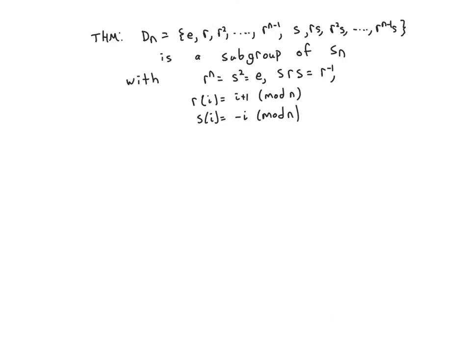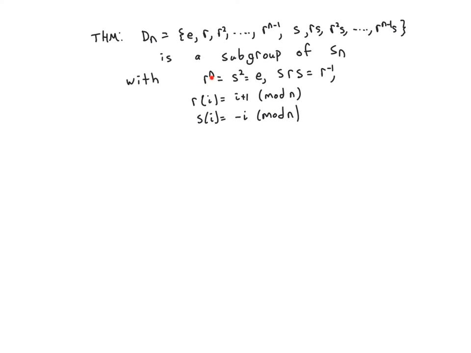So in conclusion, if you let R be the permutation of the numbers 0 through n minus 1, given by sending i to i plus 1, and you let S be the permutation that sends i to its negative mod n, then this group, consisting of these 2n elements, is a subgroup of the symmetric group called the dihedral group, and it satisfies these relations.